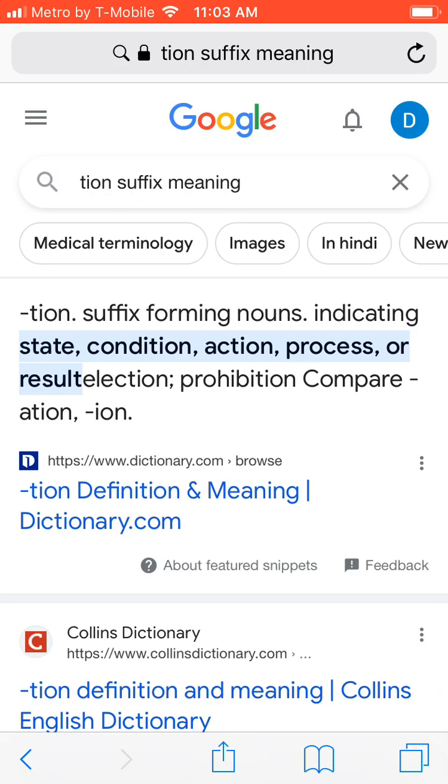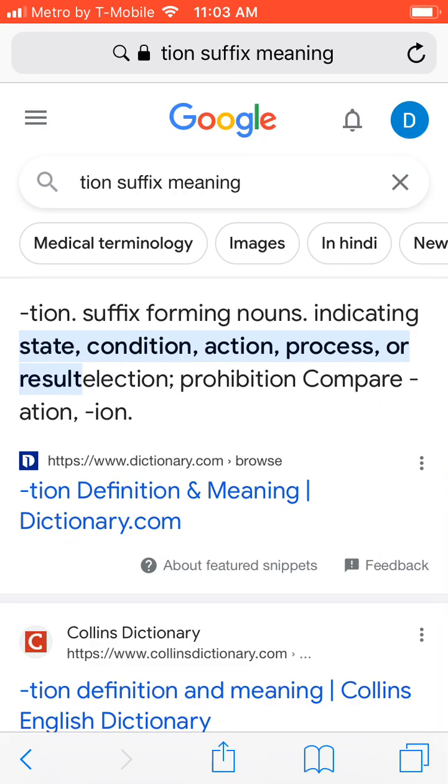So, indicating state, condition, because remember, the corona is the sun, right? So it's indicating the state's condition as it being crowned, right? Because look, ion, right, it could be compared as ion. So I typed in Caronat, because that's still a word within the word, right? It's just dealing with different prefixes and suffixes.